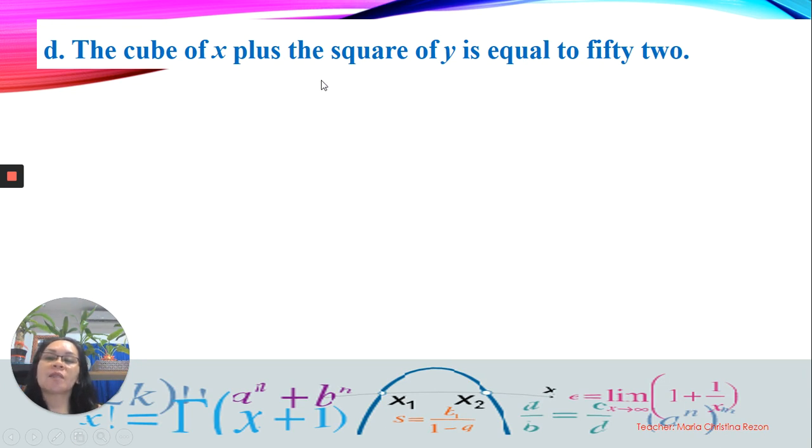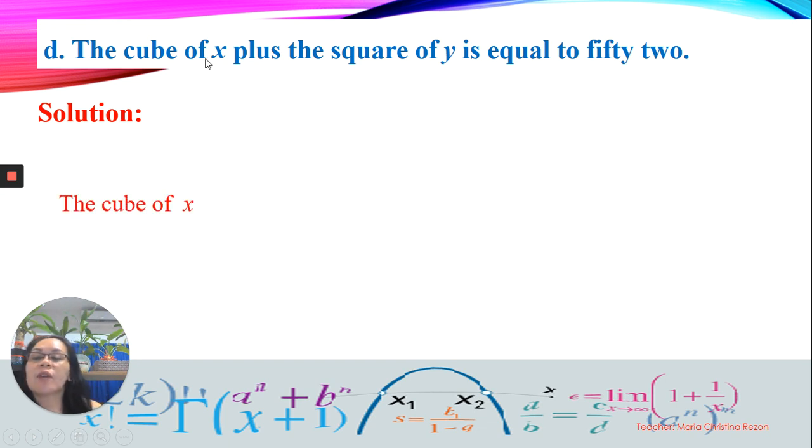The cube of x plus square of y is equal to 52. Solution. When you say cube of x, that is just writing x to the third power, or x cubed, plus, use the symbol, square of y.